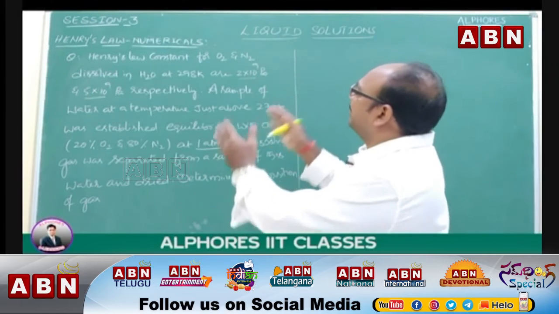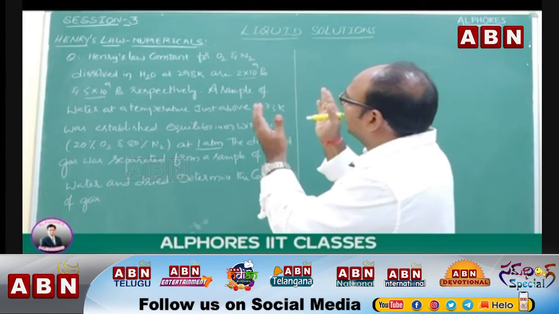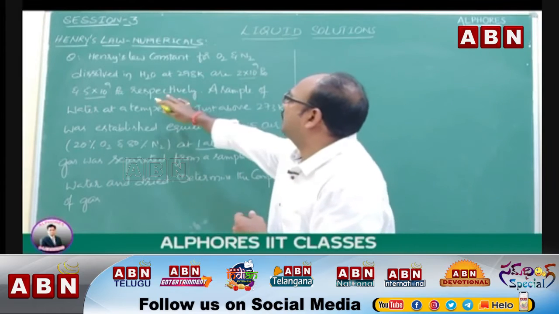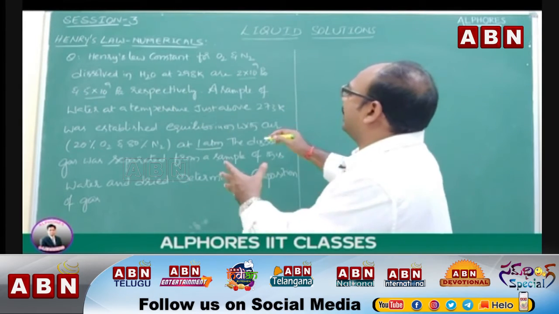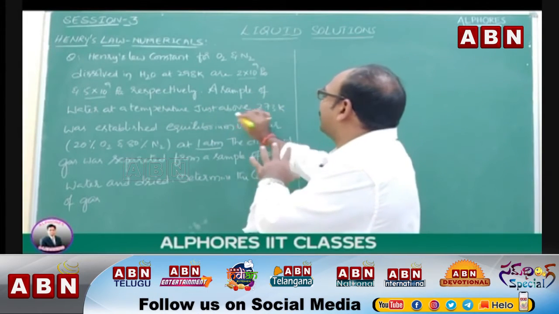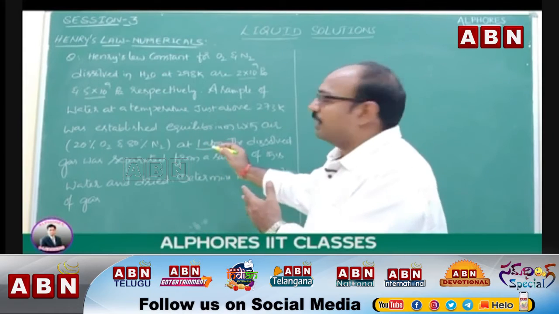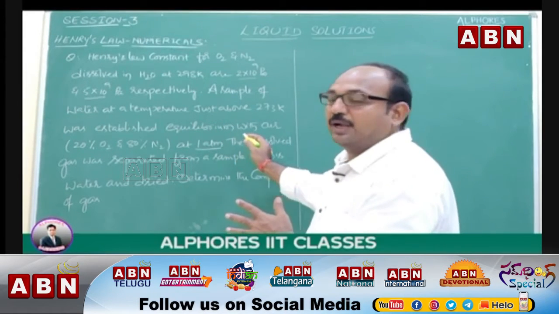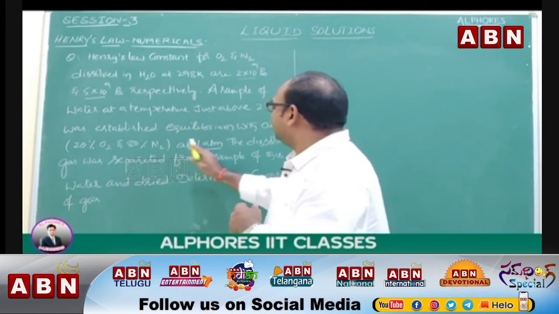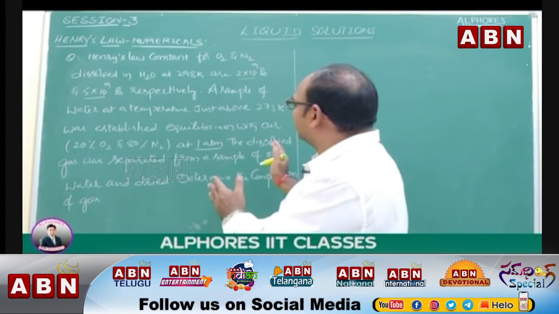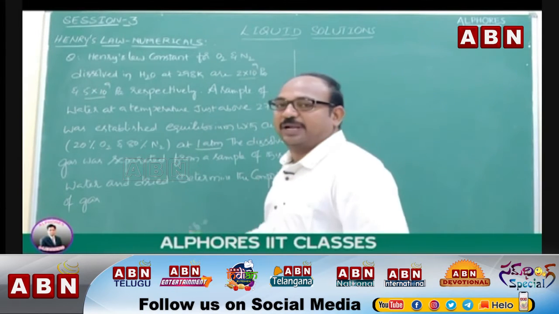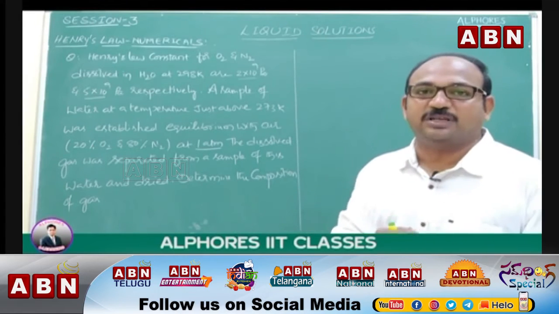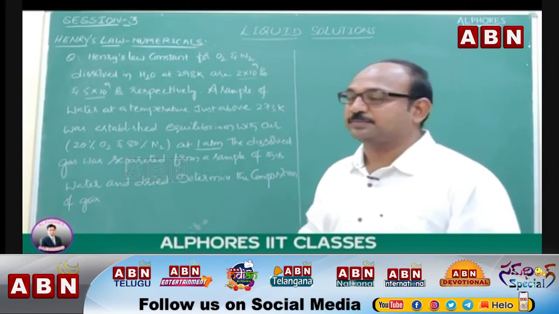Basically in this problem we are considering a mixture of gases, oxygen and nitrogen. We are going to establish an equilibrium, and resultant we are getting some solution. From that solution the gases are separated, and what are the compositions of the two gases? This is the question.